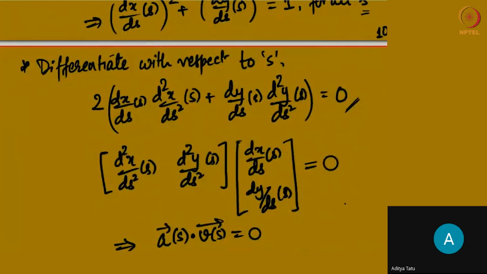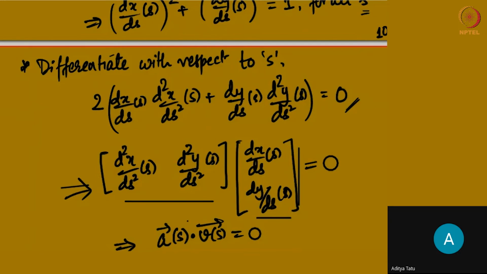So rewriting this, and ignoring the 2, you can divide both sides by 2 and write it as this vector times this vector is equal to 0. And remember, what is this vector? It's just your acceleration vector, right? And this is nothing but your velocity vector. So what does this equation mean?